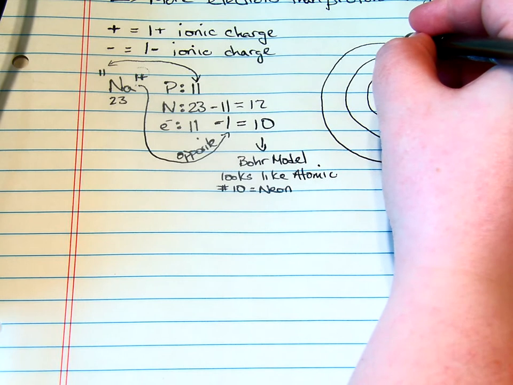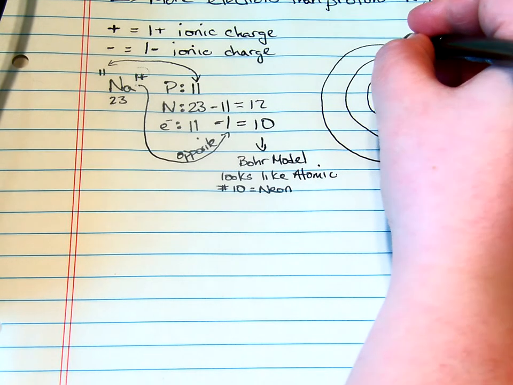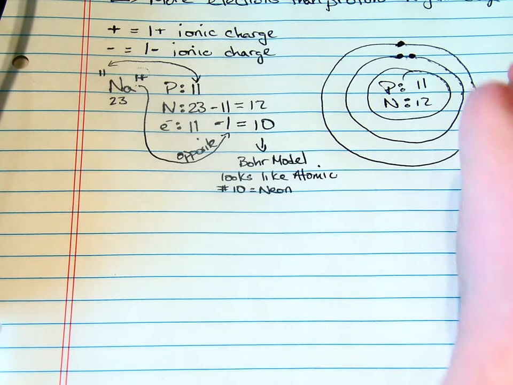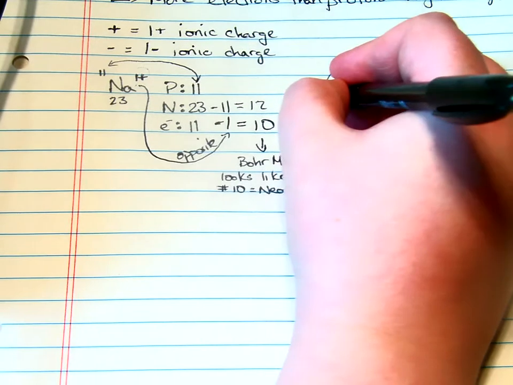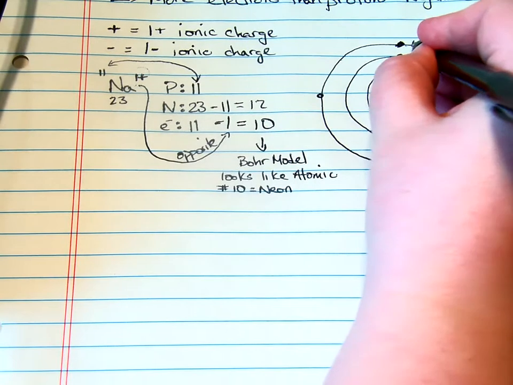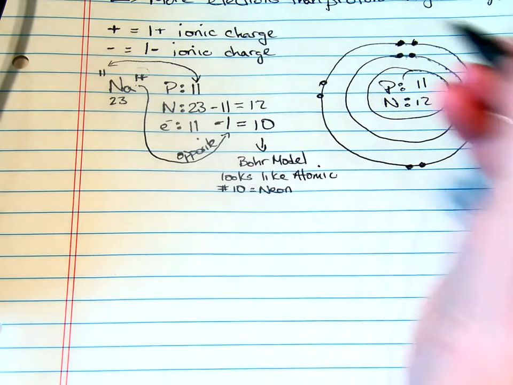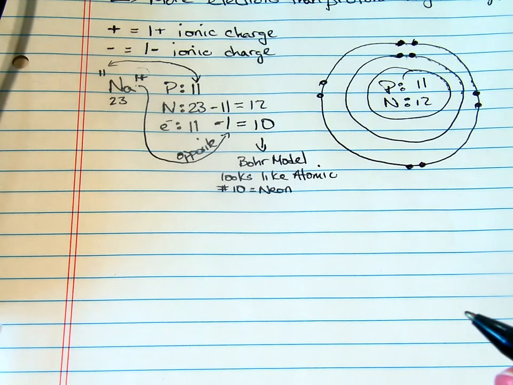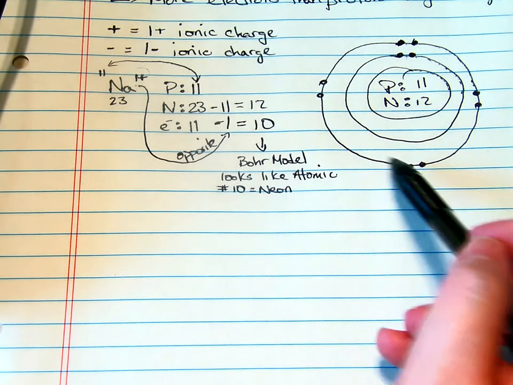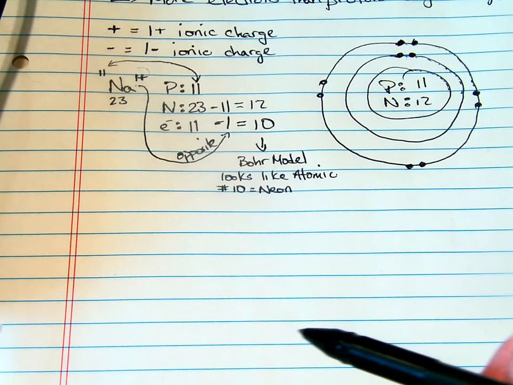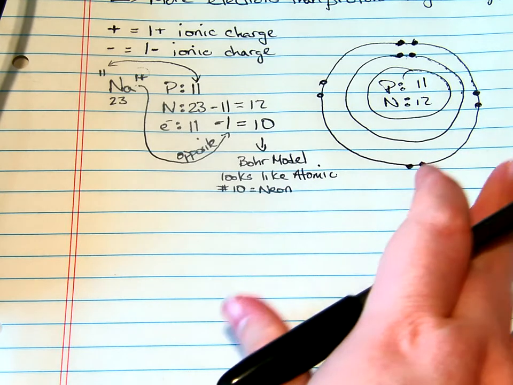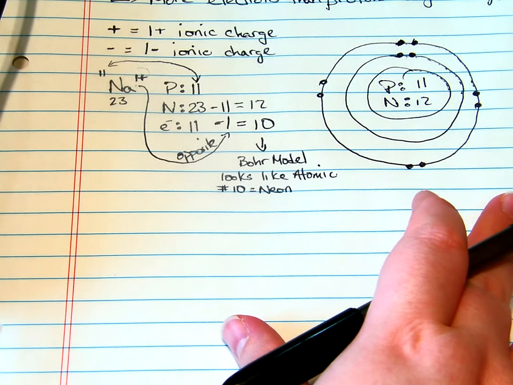So if you wanted, you could count it out as you go and make sure that you have the full 8. So there's 4, 5, 6, 7, 8. Or you could also be lazy and place them a pair at a time because you know that shell is full. So that's sodium as an ion.